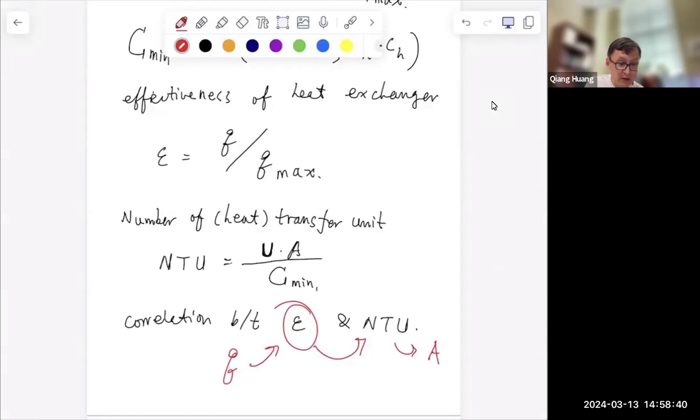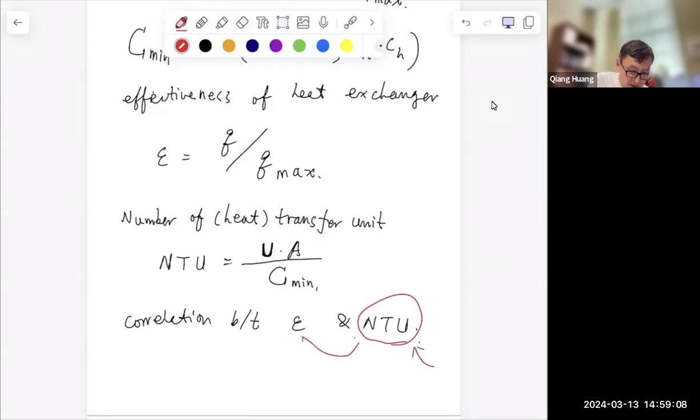On the other hand, if we know everything about the heat exchanger and also some conditions, the surface area, the convection coefficient, and the C minimum, then we can know this NTU, and with this correlation we can calculate the effectiveness, and then evaluate how much heat this exchanger will allow us to transfer. That's the performance of the heat exchanger.